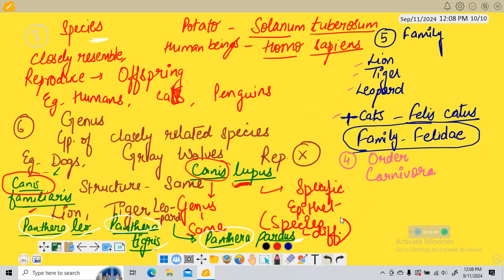If I talk about order, coming to order, some plant families are there: Convolvulaceae, then Solanaceae. If I talk about plants here, we have three different genera: Solanum, Petunia, Datura.